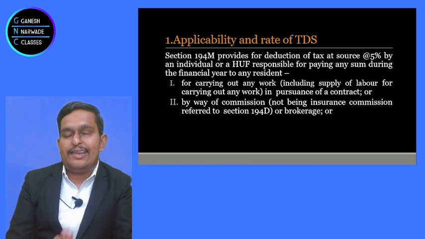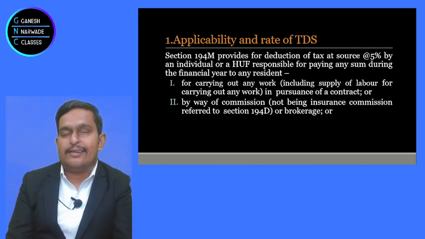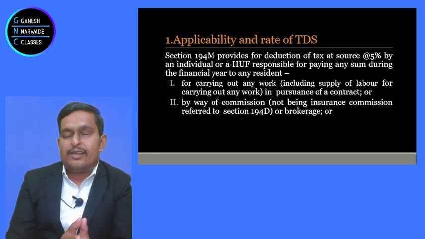So if it is an insurance commission, it's not covered under this section. But if it is not insurance commission, you as an individual or HUF are paying, and the whole amount in a year is more than 50 lakhs, then definitely on that commission also TDS should be deducted.